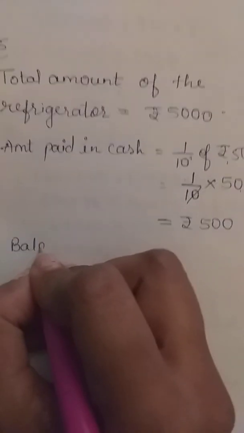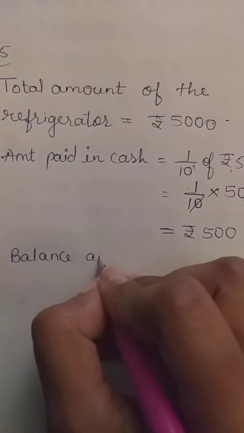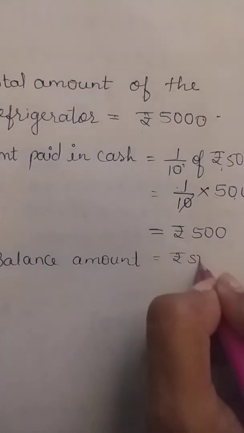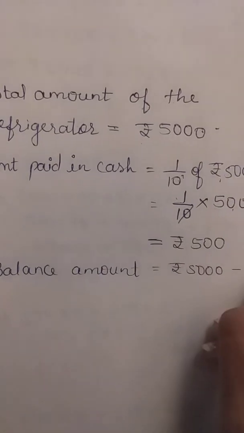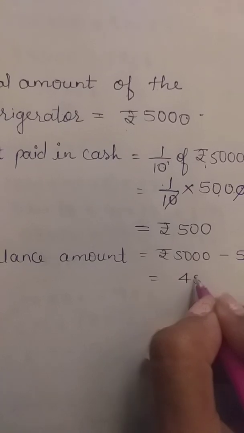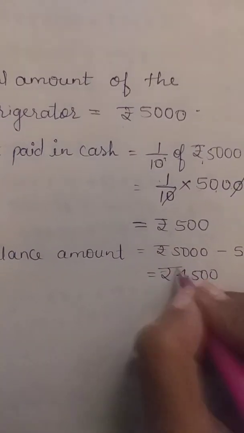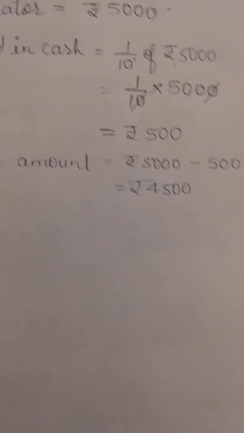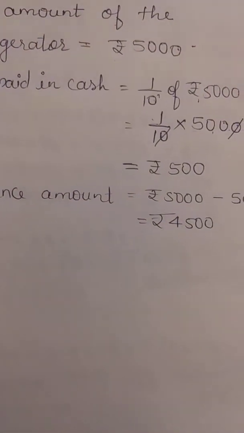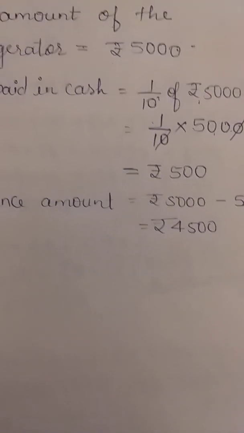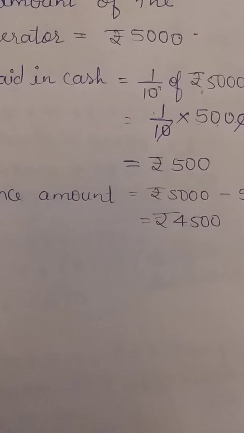So balance amount is equal to rupees 5,000 minus 500, that is 4,500. So I'll write rupees 4,500 is paid in equal installments. Now here it is written in the question, and the rest in 12 monthly equal installments.